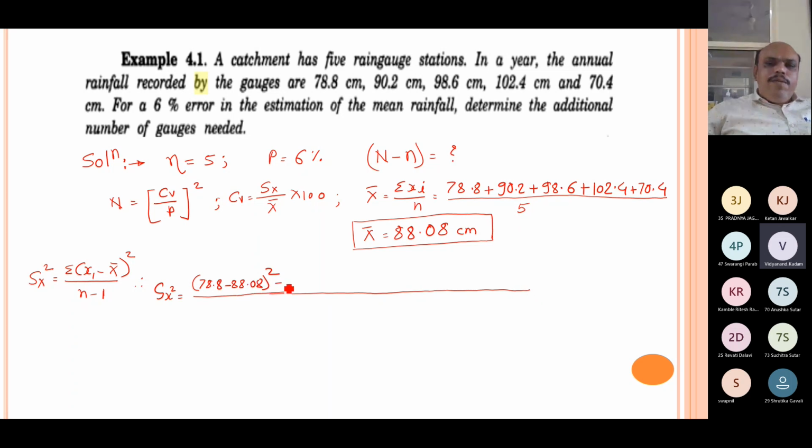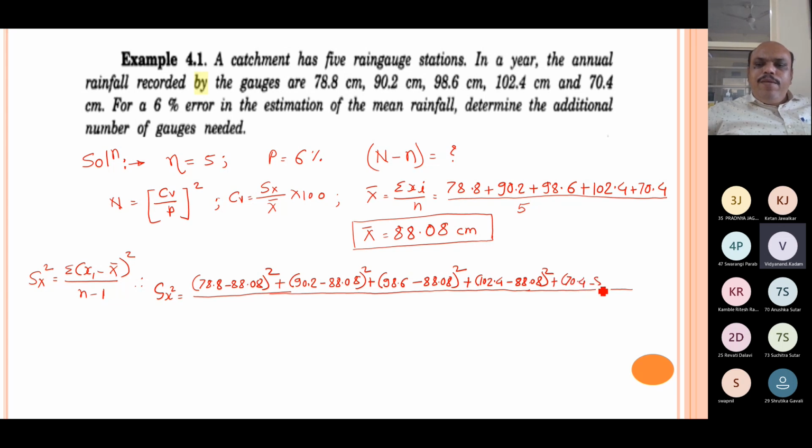Okay, it's a summation, so plus the second station value, 90.2, that is xi minus x bar, 88.08, bracket square, plus third value 98.6 minus 88.08 bracket square, plus fourth value 102.4 minus 88.08 bracket square, plus fifth value 70.4 minus 88.08 bracket square.